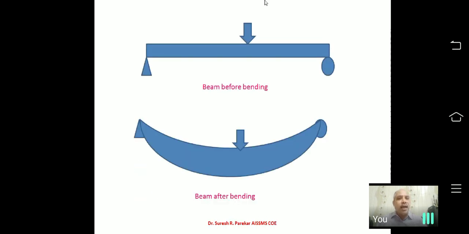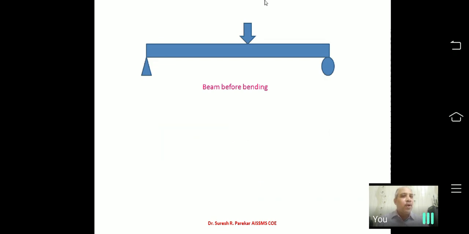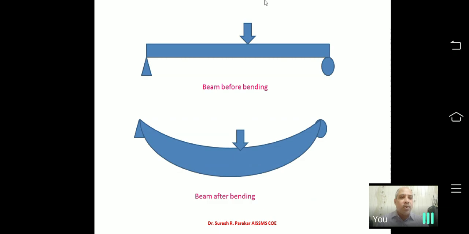Now you can see the first diagram: we have a beam before bending, a rectangular beam, and a concentrated load acting on the beam. After this concentrated load acts, the beam bends in this direction. If you see carefully, the upper part goes in compression and the lower part goes in tension, in the case of a simply supported beam.